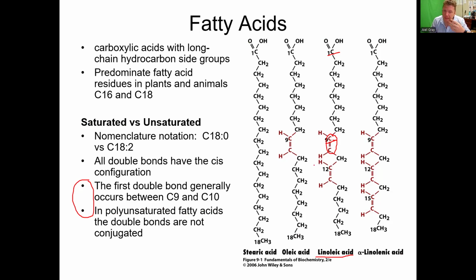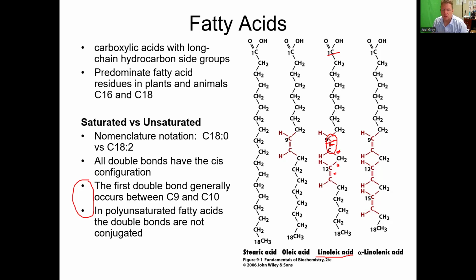So what does that mean? That means I've got a double bond followed by a single bond, followed by another single bond, followed by a double bond. So if I'm drawing a fatty acid and it has 3 double bonds, for instance, I'm going to draw it as a double bond and then 2 consecutive singles, then a double, 2 more consecutive singles, and then a double bond.